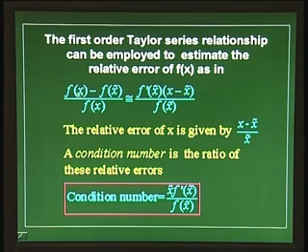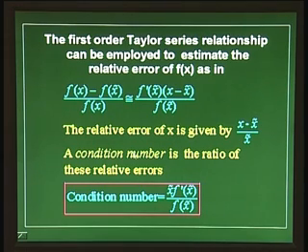So f of x minus f of x tilde is, up to first order, approximated as f prime at x tilde into delta x, and we approximate f of x by f of x tilde in the denominator. That is the relative error we will be approximating. Similarly, the relative error in x is given by x minus x tilde divided by x tilde.